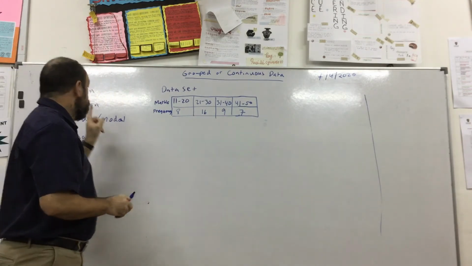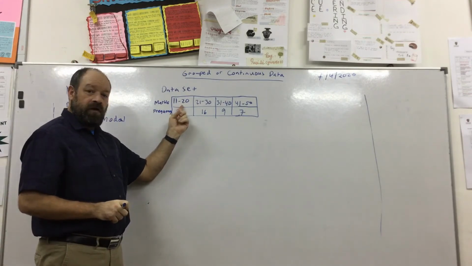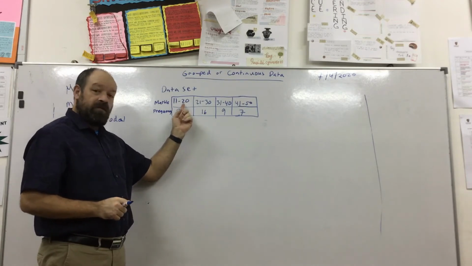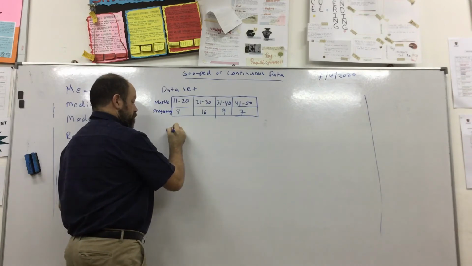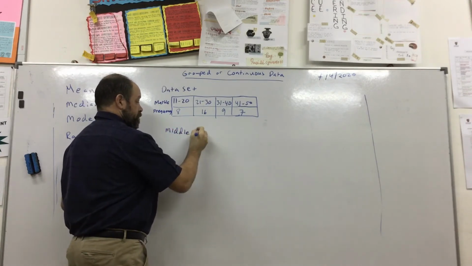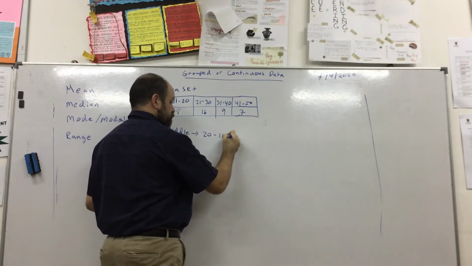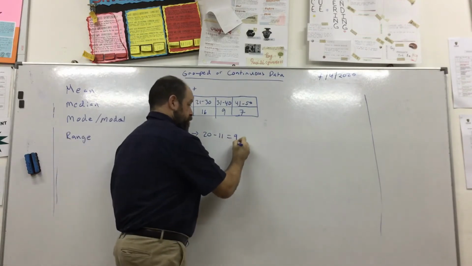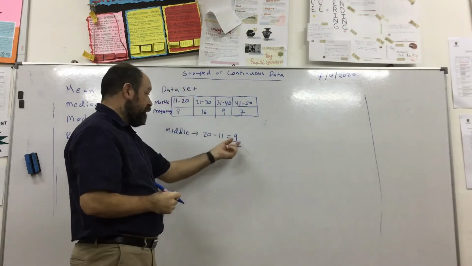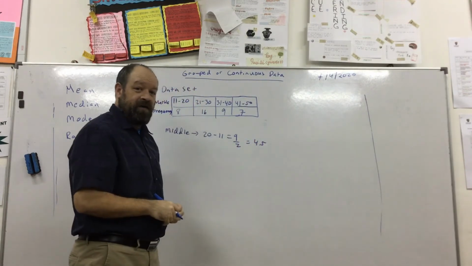So, to find the mean, we have to find the middle number of the marks. So how do we do that? To find the middle, we subtract and divide by 2, which is 4.5.